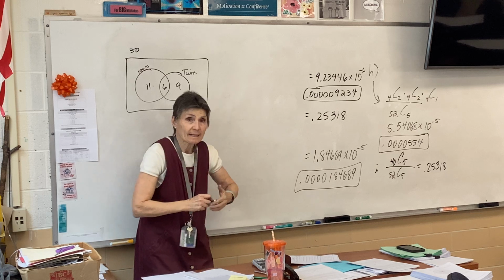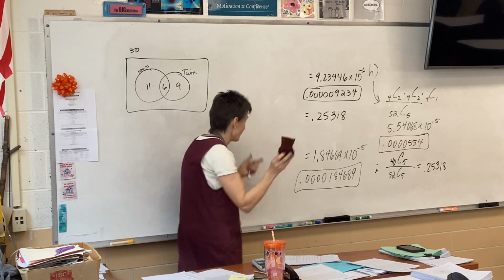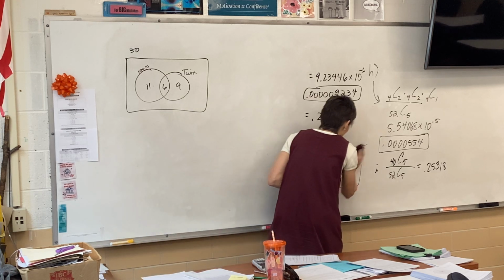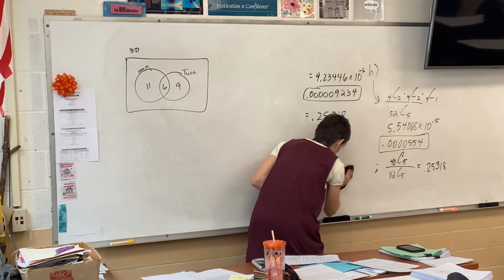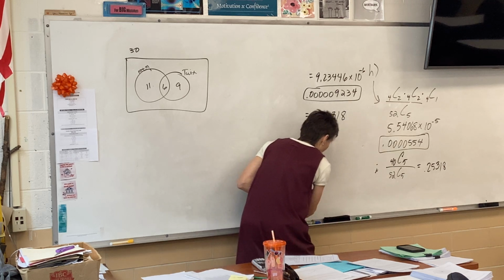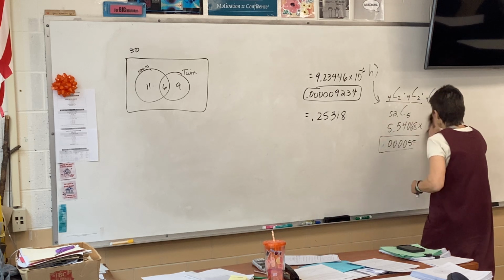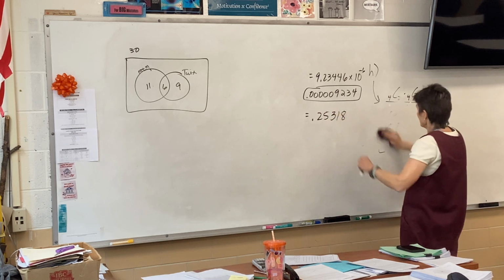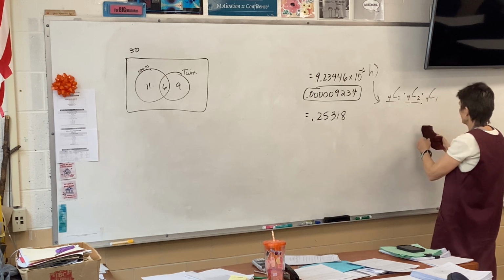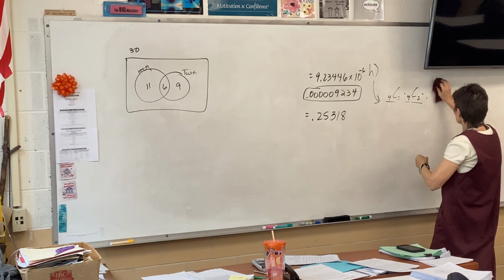Some of them like M&Ms, some of them like Twix, some of them like both, maybe some of them don't like either. But there is our Venn diagram. It shows us the different regions where these kids fell.